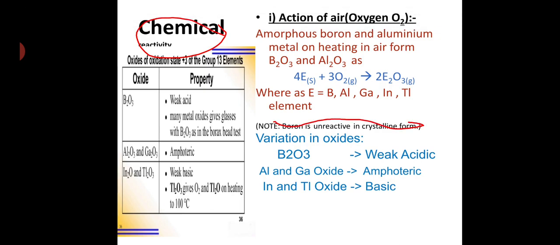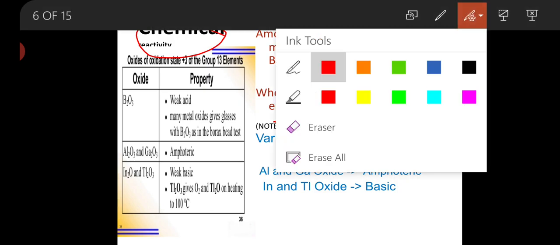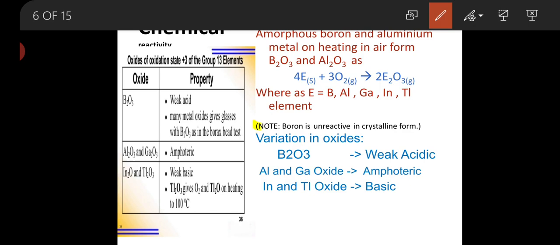Boron is unreactive in the crystalline form, whereas boron in amorphous form and even aluminum in amorphous form react easily with air.